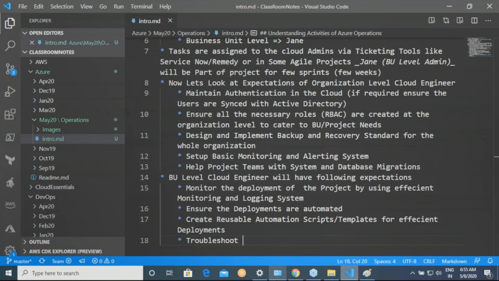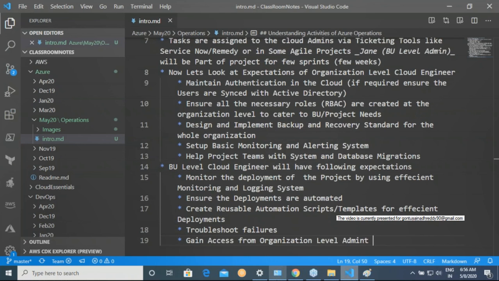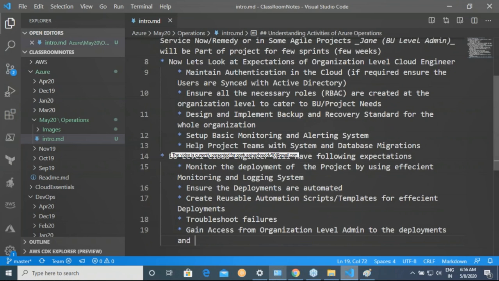Troubleshoot failures. Gain access from an organization level admin to the projects, or to the deployments, and optimize it.